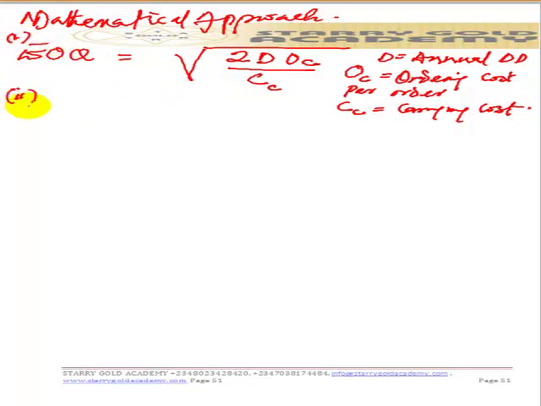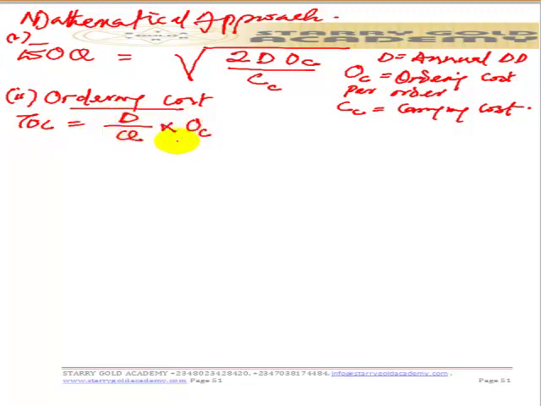The second one, if we are going to find the ordering cost, the formula for the total ordering cost, TOC, is D over Q times OC. Remember, we have defined OC already here. So the next one that is new is TOC, that is total ordering cost. OC already is the ordering cost per order. D is the annual demand. Q in this case will now be our EOQ.